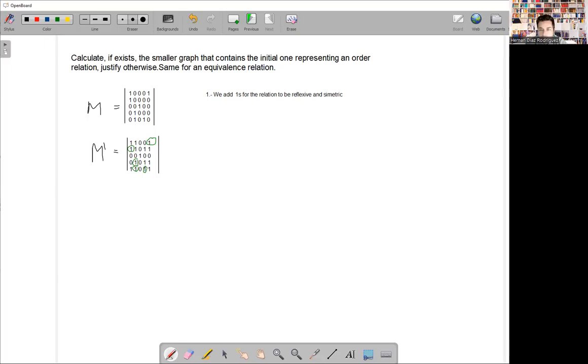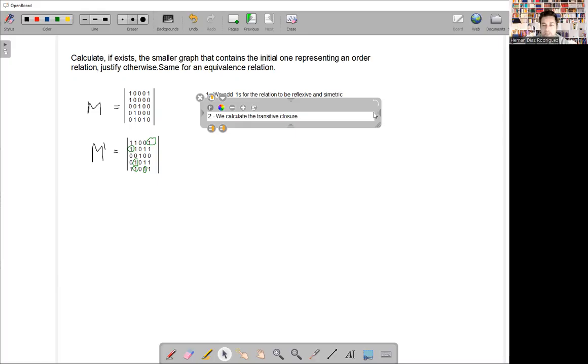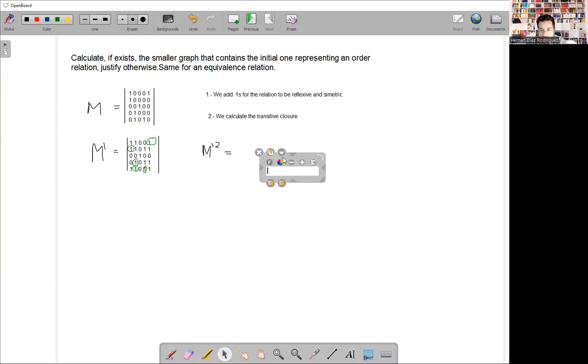So now we need to calculate the transitive closure, which is the same formula as before, right? So first we calculate the second order matrix, which I already did, right?